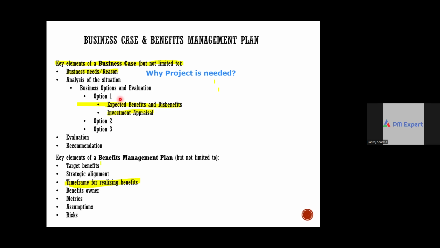Now, if you have to deliver one option out of it, which option will you deliver? Which is most viable? Flyover. No, but again, we'll build an option which is best in terms of investment appraisal, or best in terms of benefit to cost ratio, where benefits are maximum and costs are less.